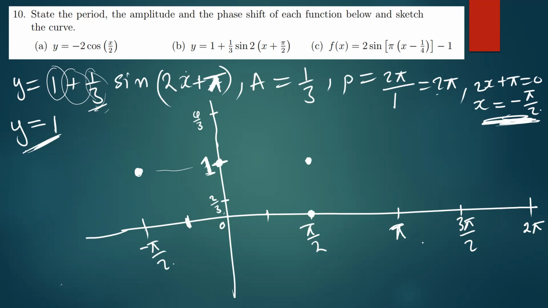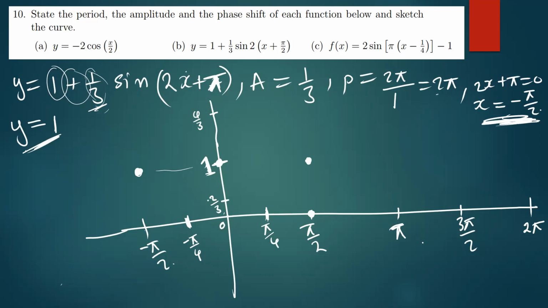And then how do we get these numbers? So we are going to have negative pi over 4 here. Then we'll have positive pi over 4 there. So what I've just done is just to find the half of pi over 2. Half of pi over 2, that is pi over 4.